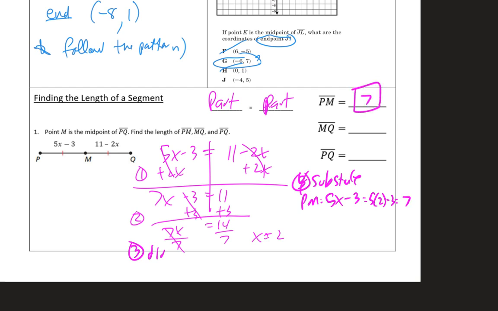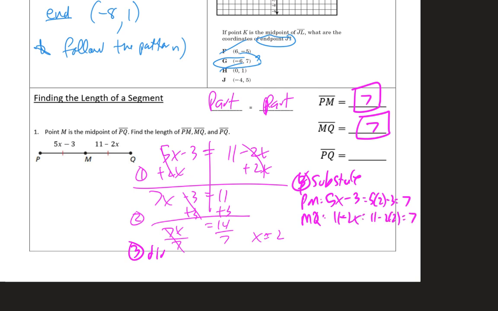Okay? MQ. If this is 7 and this is the middle, how much do we expect that to be? We should also expect it to be 7, right? So let's check that. 11 minus 2x equals 11 minus 2 times 2, which is 7.